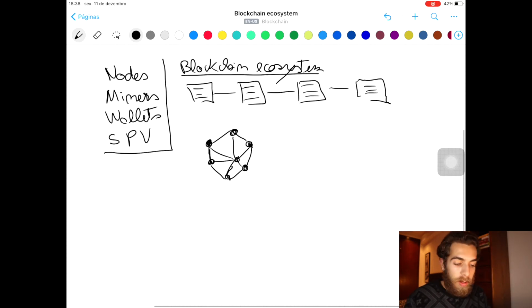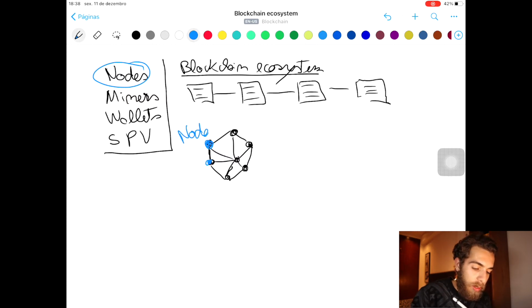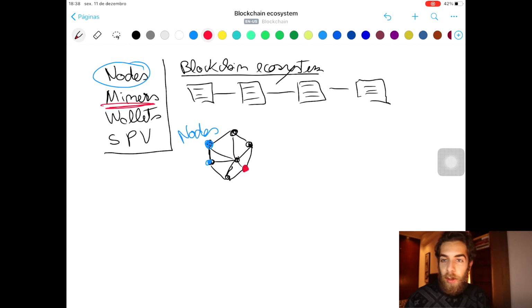And if you don't know, a node is basically a computer in the network. So, nodes. And a miner is a very specific type of node. It is a computer that can add blocks to the blockchain.